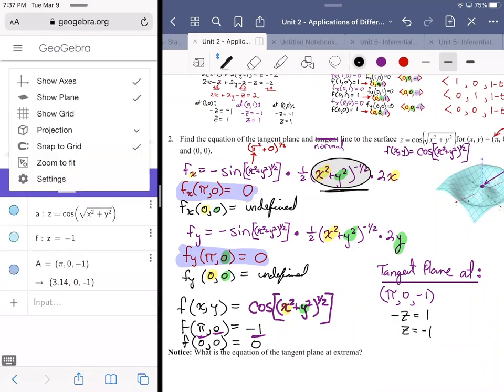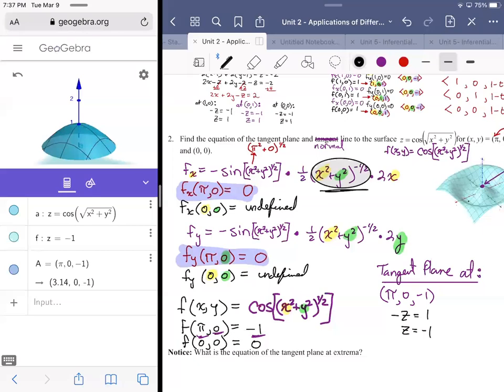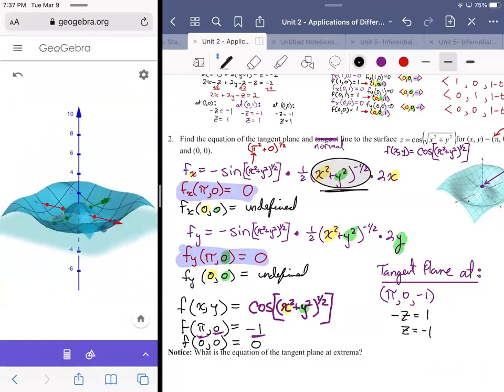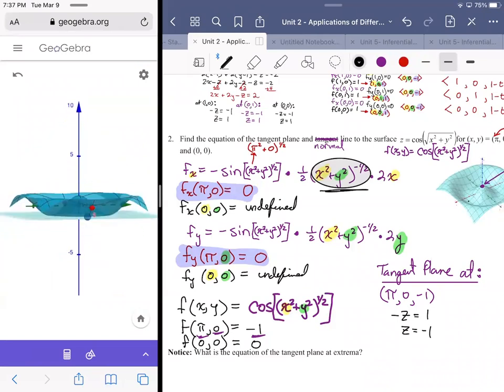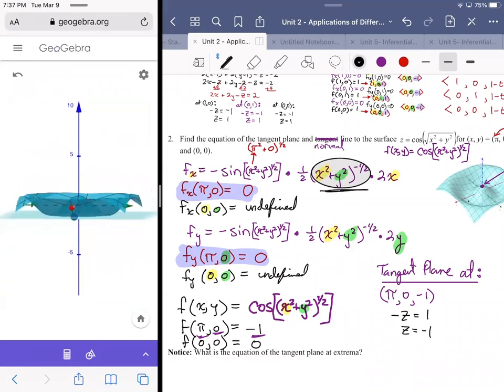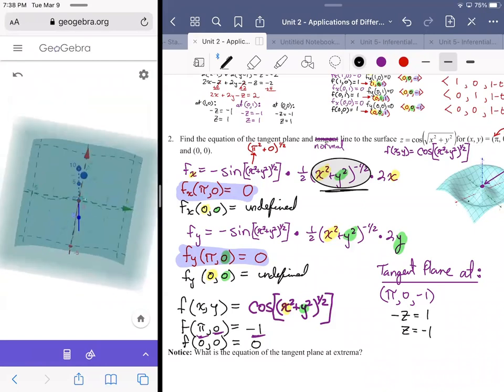So let me close this out. Plane. Wanted the plane done. And, oh, I did just graph the plane.